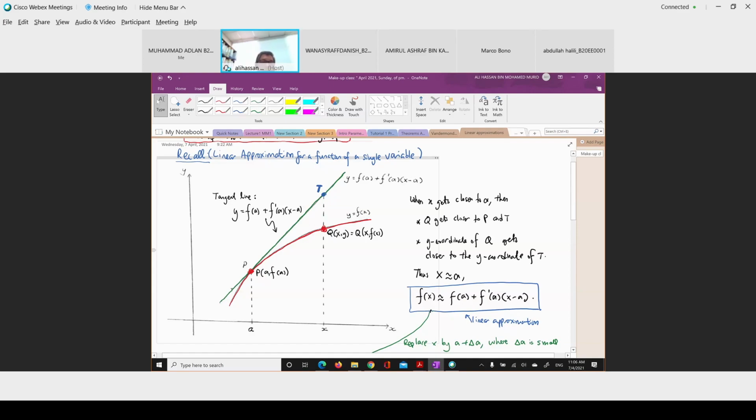And we can also determine the slope, which is given by f prime. The slope at the point P, at x equal to a, is equal to f prime a.